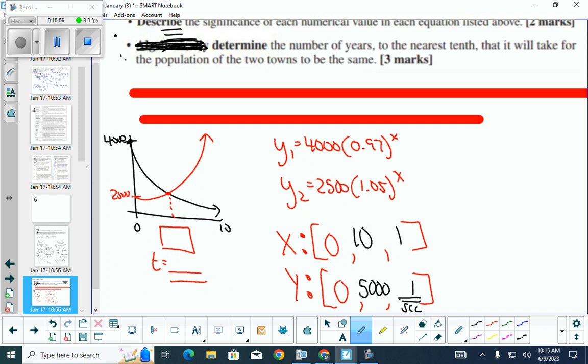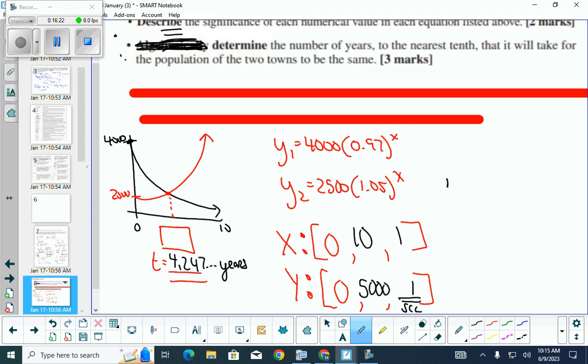Okay. It doesn't look quite that sharp of a curve. And then I'm going to find the intersect. So hit enter 3 times. And I get out 4.247 years. So it says determine the number of years to the nearest tenth it will take for the population of the two towns to be the same.